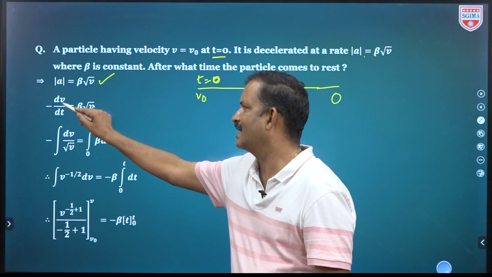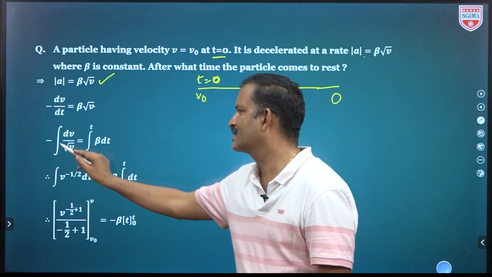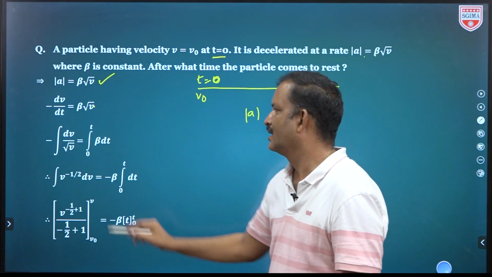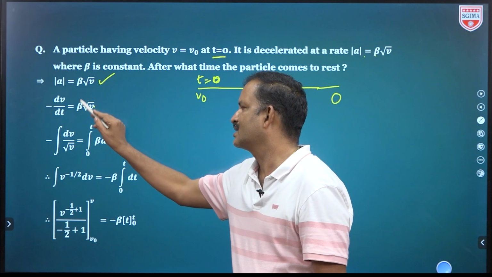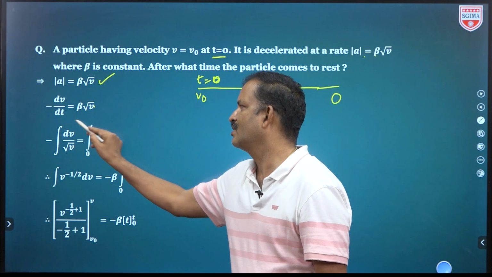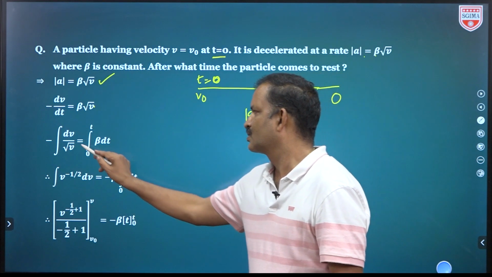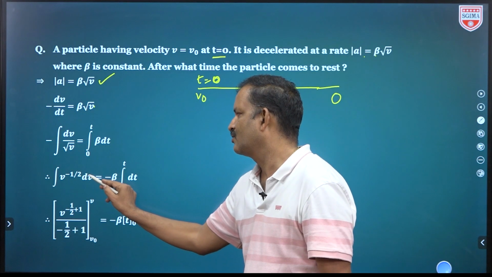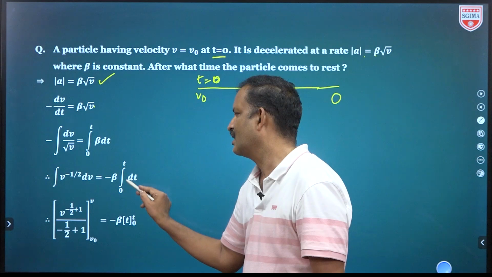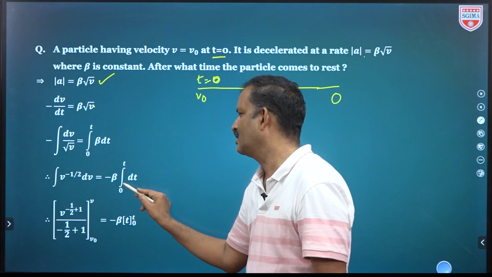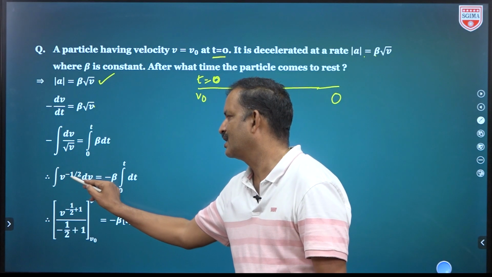Take root v this side, dt this side, minus as it is. dv by root v is equal to minus beta dt. So, root v means v power minus 1 by 2 dv is equal to minus beta, a constant, into dt. We are doing integration now.